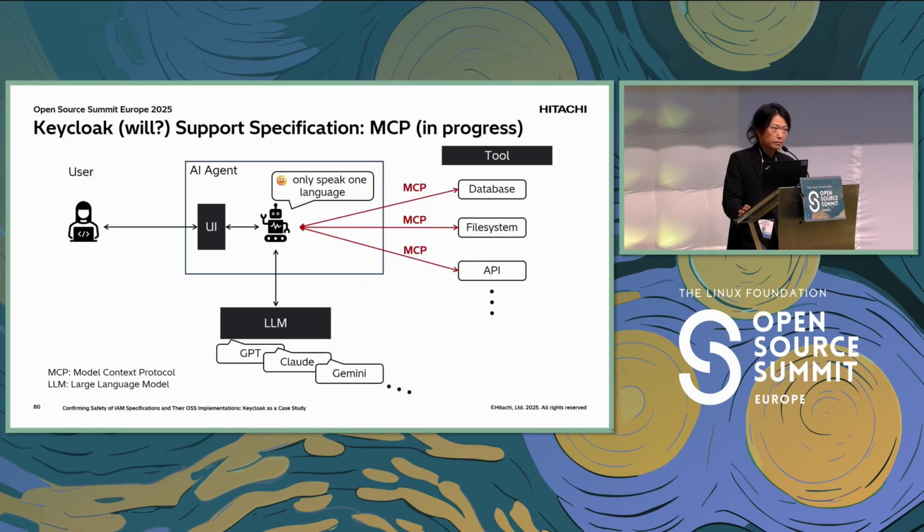As just mentioned before, AI is a very hot topic. So some of the Keycloak contributors, including me, have been trying to support AI-related specifications. This slide shows MCP, Model Context Protocol, trying to use Keycloak as the authorization server in MCP.